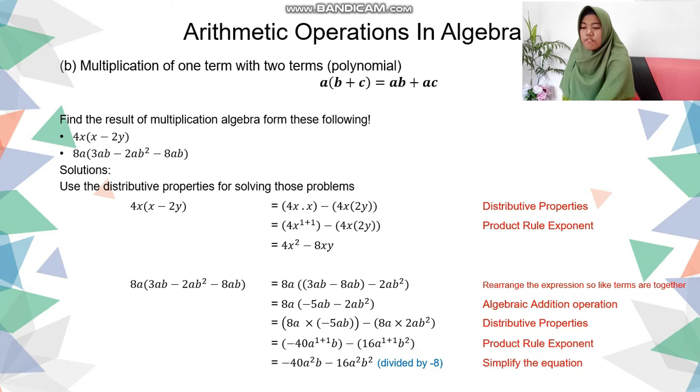Then we simplify, equals minus 40 a squared b minus 16 a squared b squared. Then we divide it by minus 8, equals 5a squared b plus 2a squared b squared.